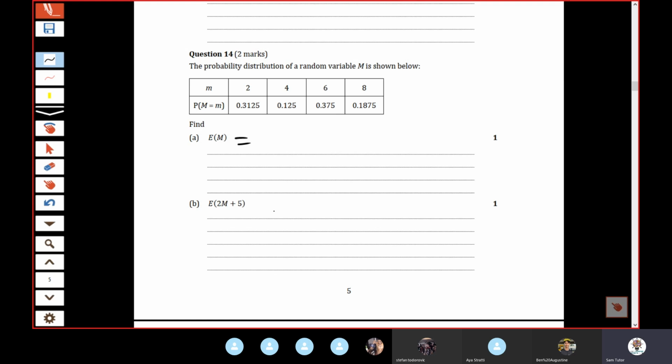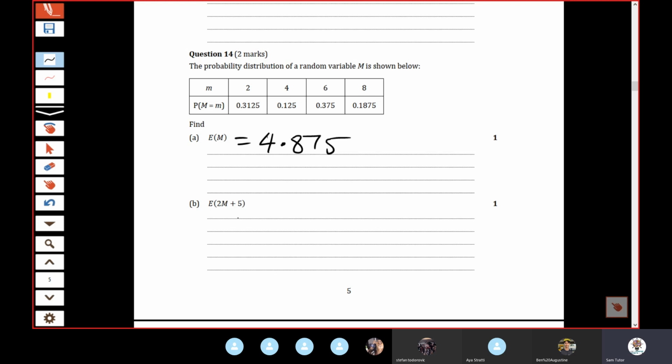Doing that real quick on my calculator as well. $4.875. Anybody not get that? No, all good.